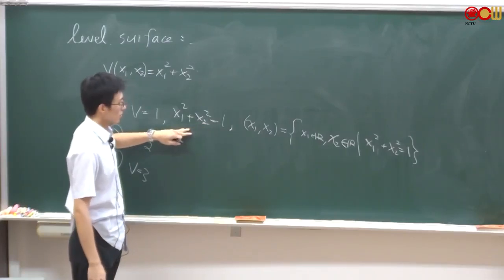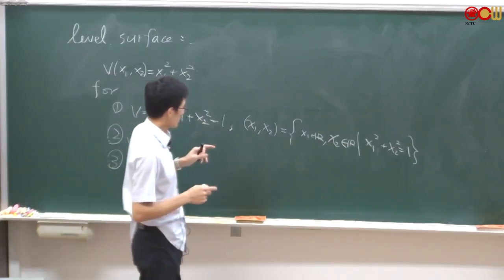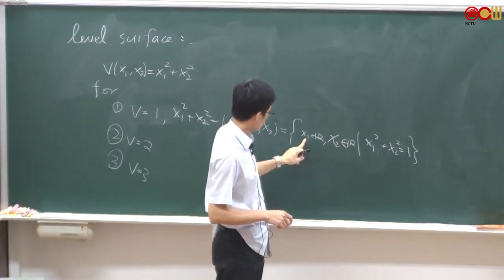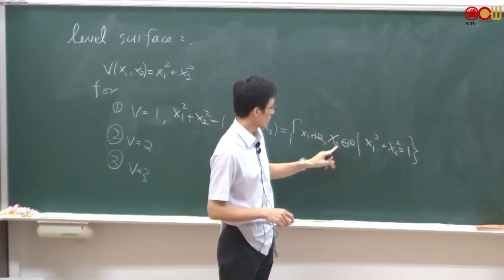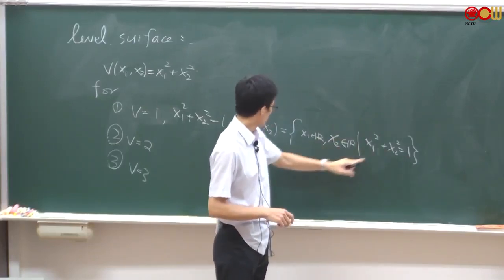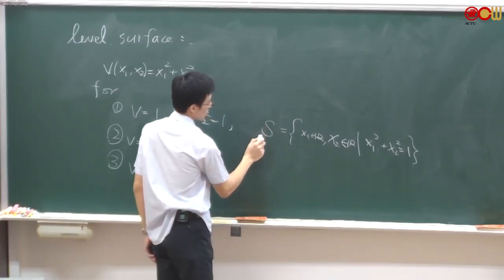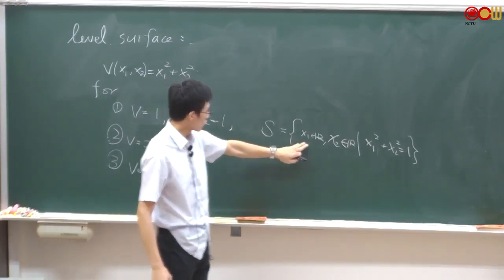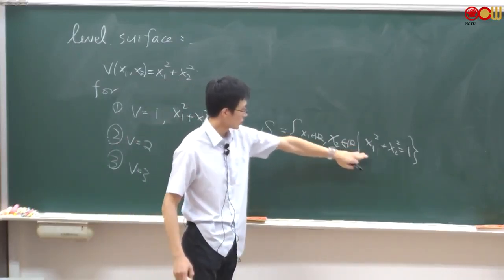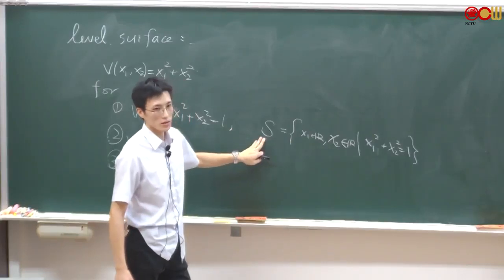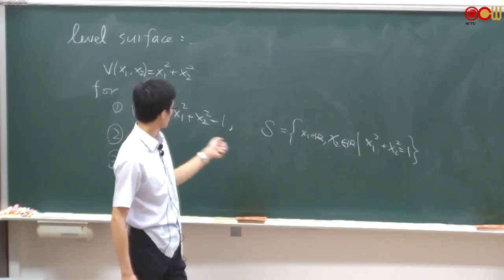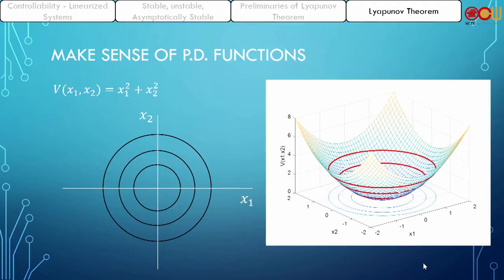That means there's a set, where x1 belongs to the real numbers and x2 belongs to the real numbers, satisfying this condition. This set I call a level set. In this case, the level set is this circle with radius 1.